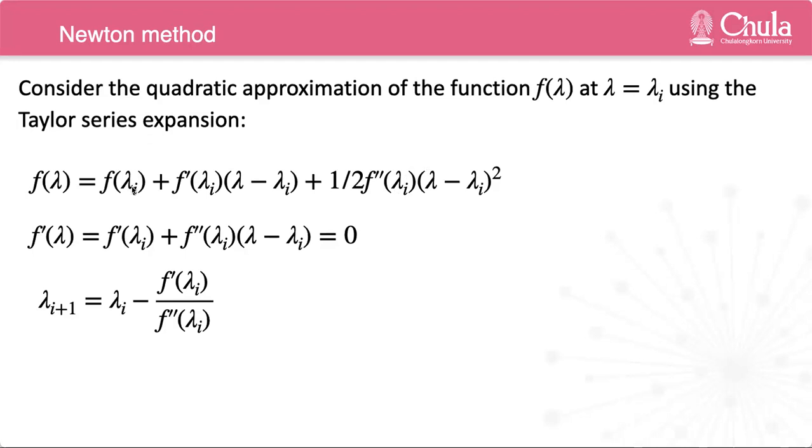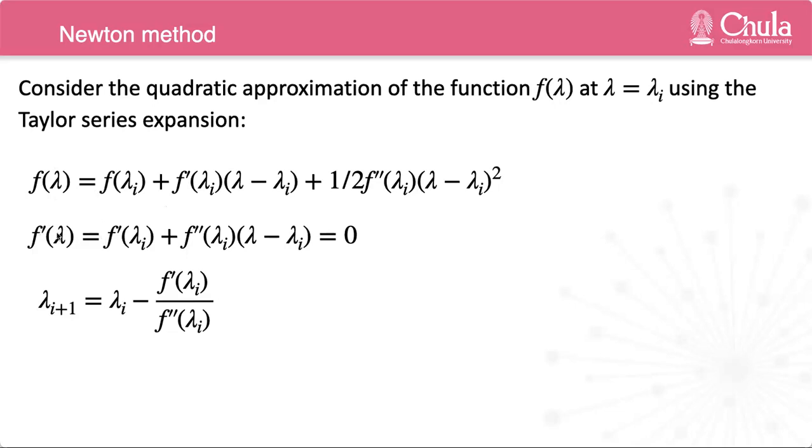However, you need the derivative f prime here, and you need the second order derivative, because we are going to use the quadratic term. So if we rearrange this again, we find the derivative of this function.